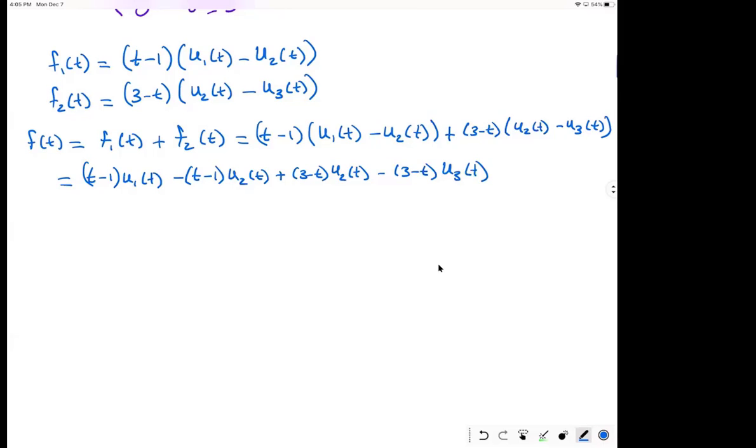Let's see now. Let's put the u1 stuff together and the u2 stuff together and the u3 stuff together. And I'm sort of thinking ahead now. So you see how I have the shift with the a? u1, a is equal to 1, and then I have the t minus 1. And then I'm looking up here and I see I have the 3, u3, a is equal to 3.